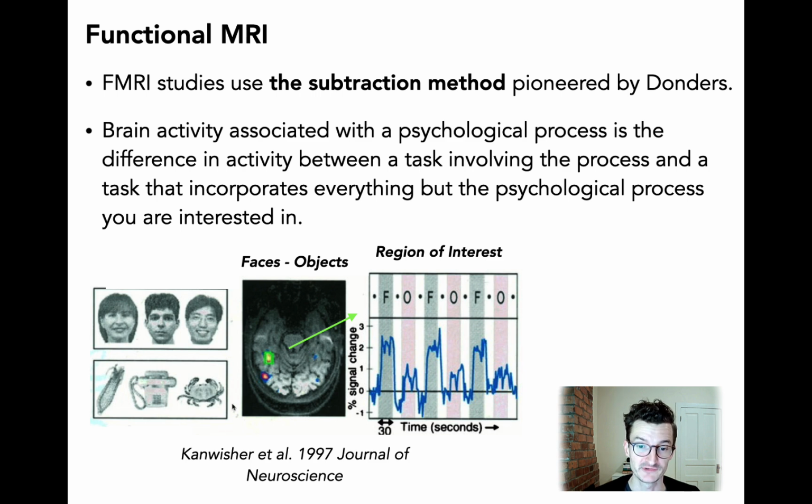And they're looking at the specific brain area in the temporal lobe. And what you can see is that the signal actually goes up during face perception and then drops during object perception. And so it's really nice correlational evidence linking this brain area to a specific cognitive process, in this case, perceiving faces, which is something that we do every day and is arguably very important to us.